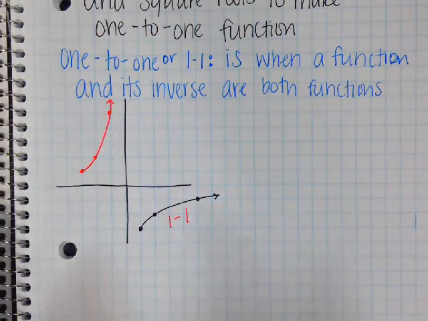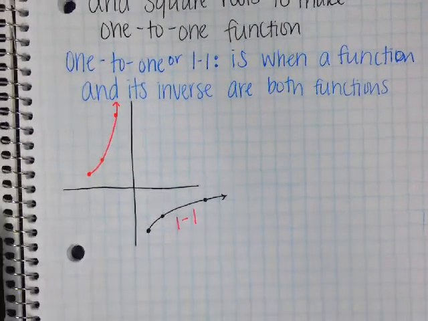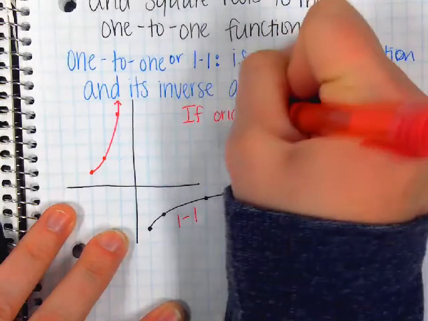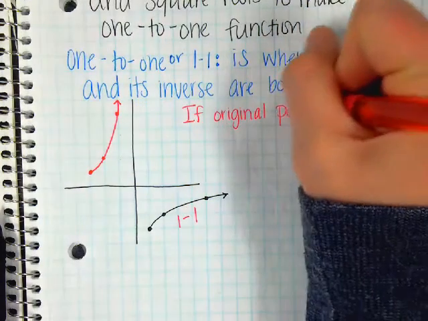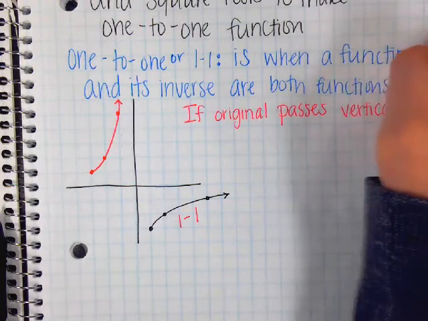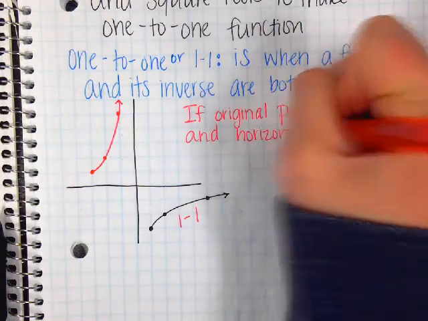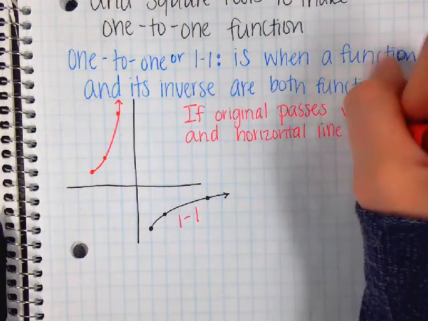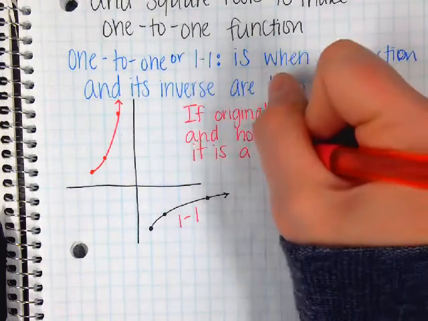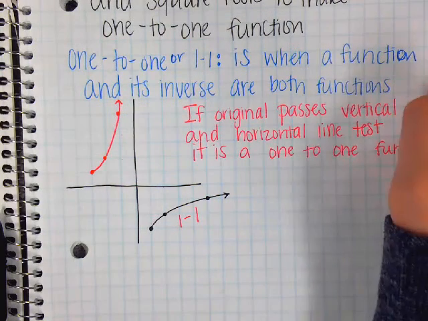So another part of this definition is, if the original passes the vertical and horizontal line test, it is a 1-to-1 function.